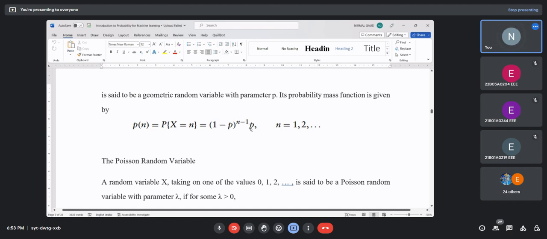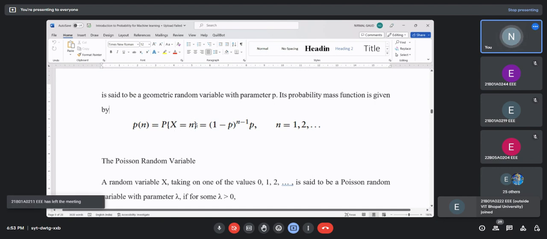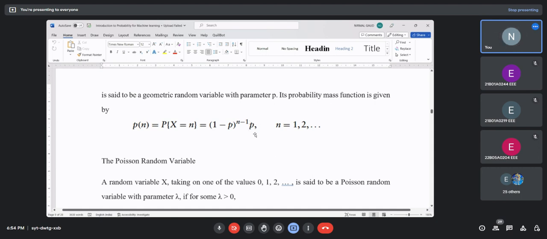It's geometric. All right, so X equal to n is a random variable, and you're taking n attempts, n trials, and then you are waiting for the success to come. For example, in the first attempt itself you got success, and the probability of success is p. So n equal to 1, in the first attempt you got success, so if I put 1 here, 1 minus 1 is 0, so 1 minus p to the power 0 is 1.